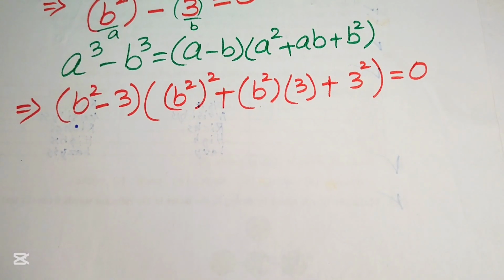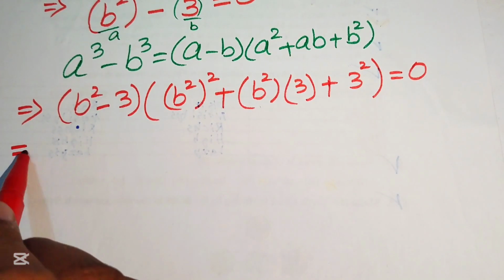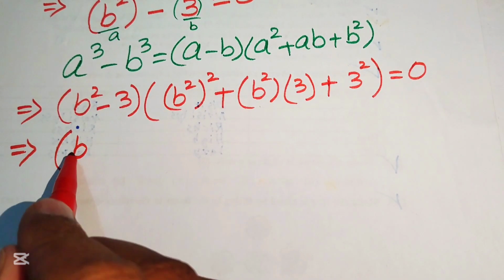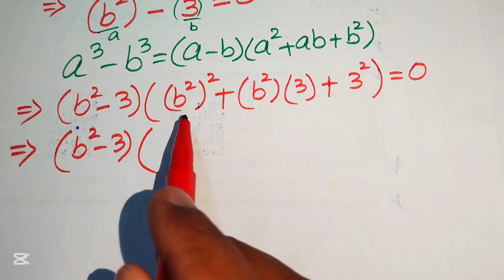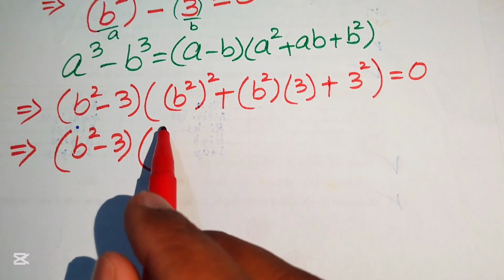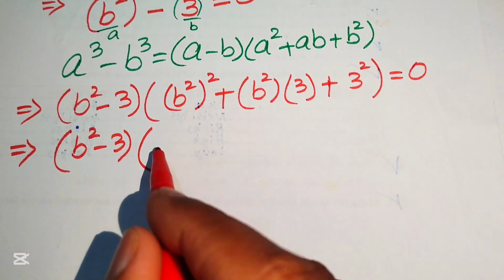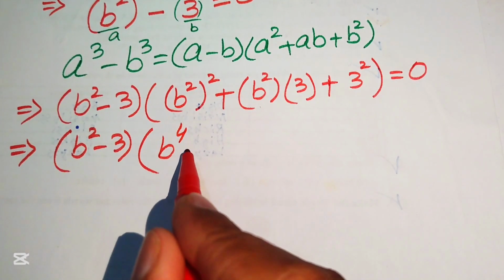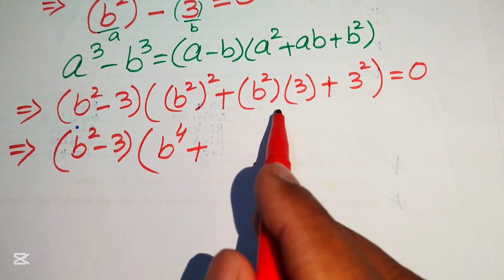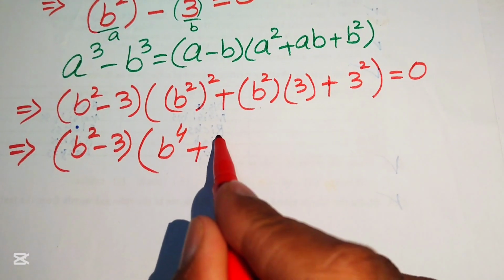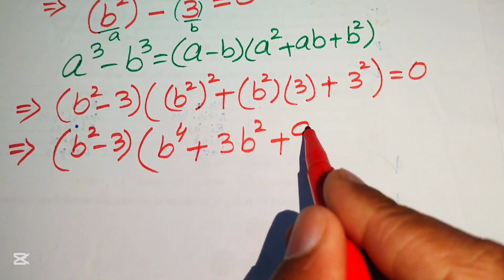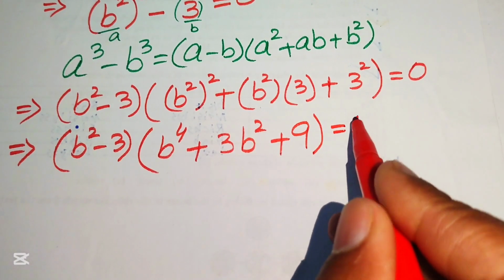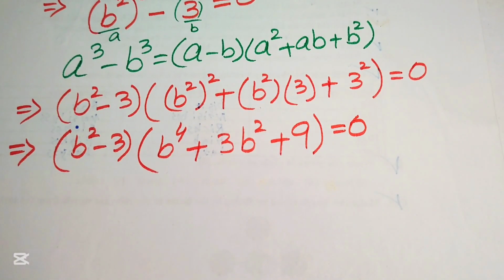Okay, so further here we need more simplifications and we write it as b square minus 3 into, here we write this expression b square and its whole square as b to the power of 4, plus 3 times b square, plus this 3 square equals 9, and this whole equation equals 0.